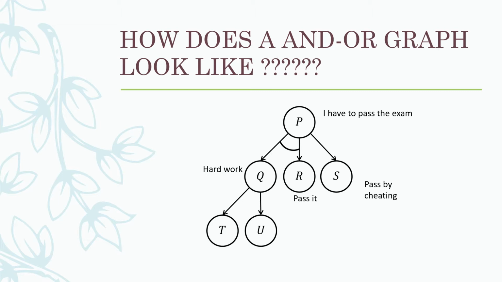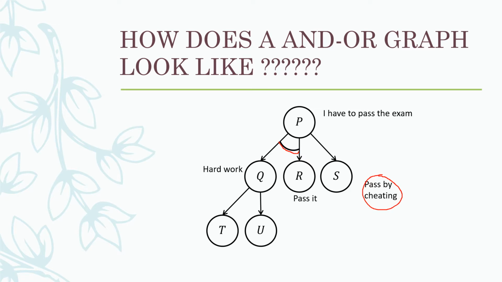So how does an AND OR graph look like? This is a typical AND OR graph where the root node is that I have to pass the exam. So how can I pass this? I have to do hard work and I have to pass it. These are connected by this AND arc, and I have another way that I have to pass it by cheating.